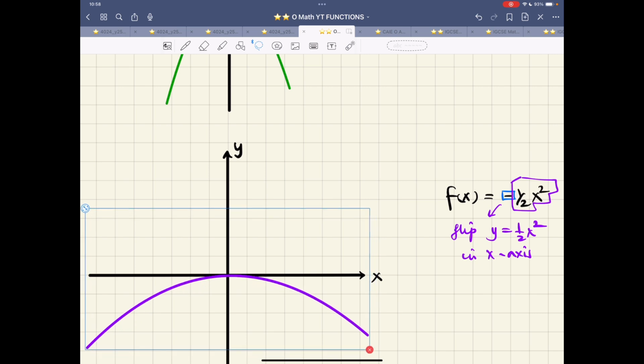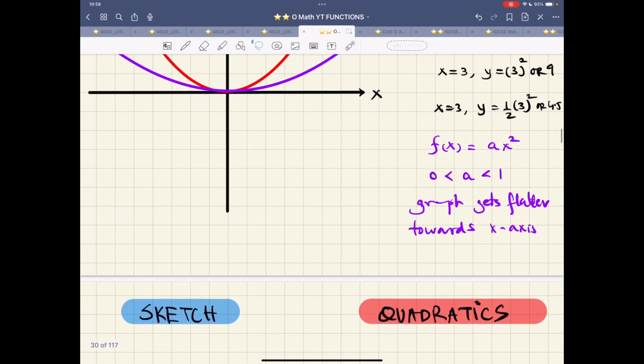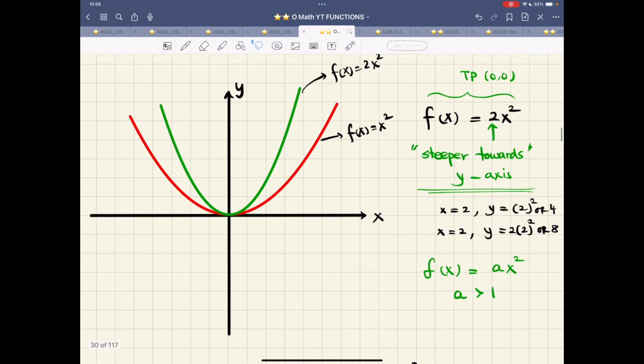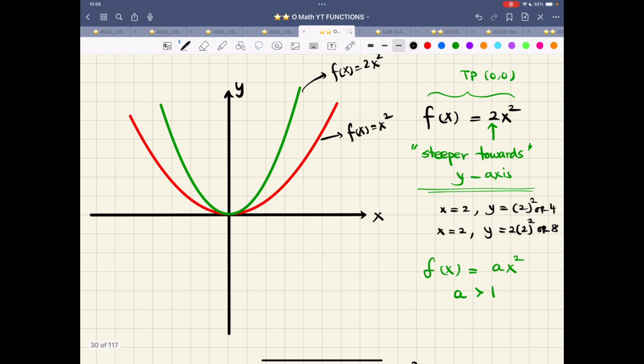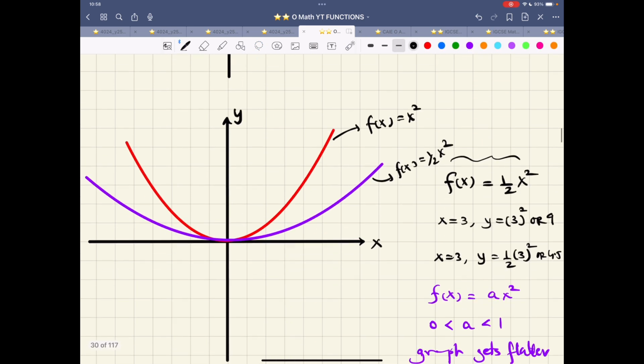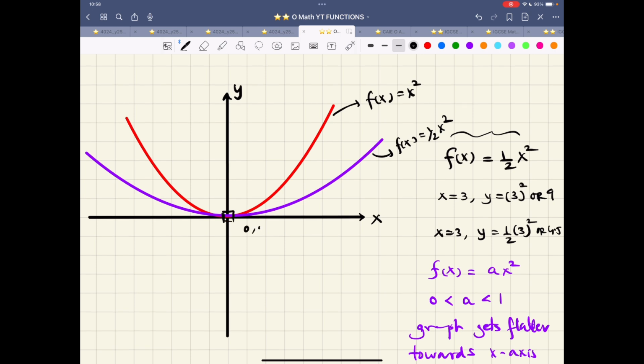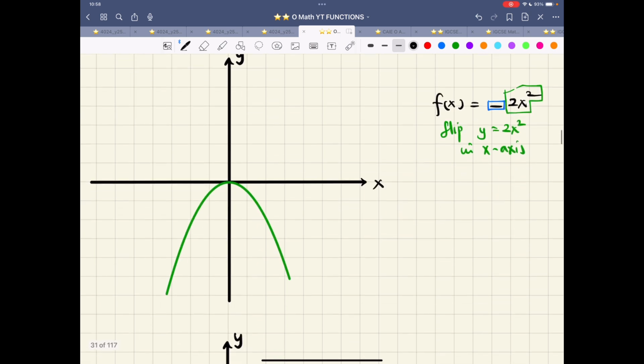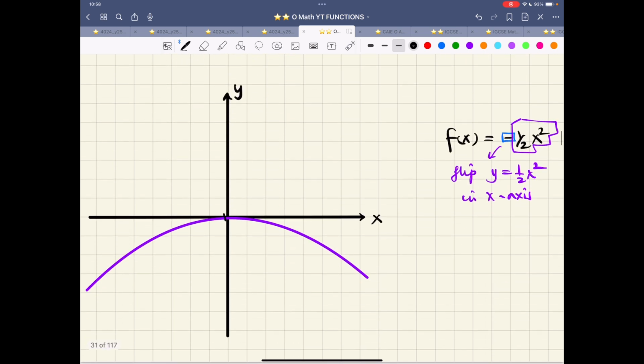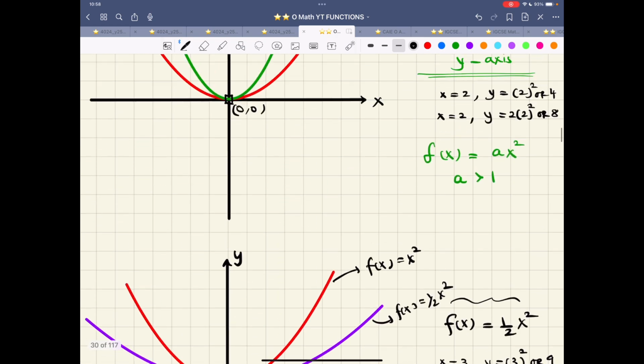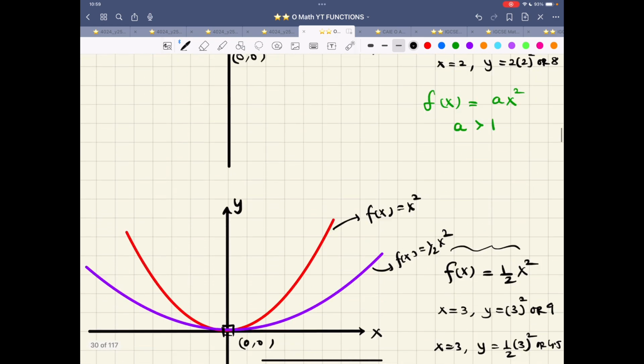And let me put it over here. Now keep in mind, the turning point still is the same. It's unchanged. The turning point is the origin, that is 0, 0. Let me also mark over here 0, 0. So with this stretching and flipping, the turning point is not changing. Got the idea? So flipping, stretching, turning point is not changing. That is some kind of poetry or something.